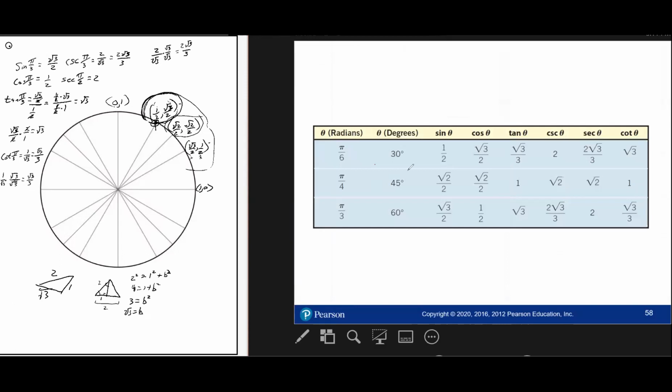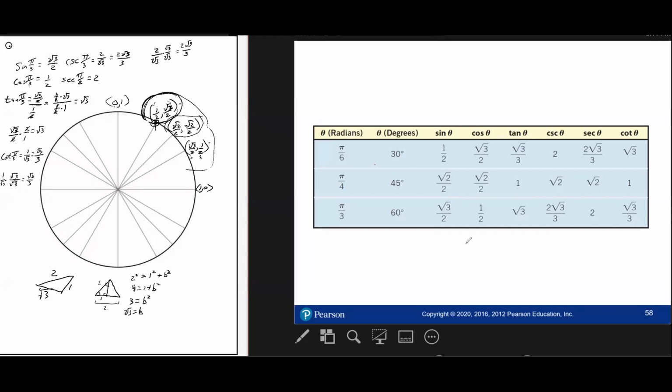And so they built up a little chart here that talks about those. These are the ordered pairs, sine and cosine, but the cosine is the x values and the sine are the y values for each of these angles on the unit circle, because we're always talking on the unit circle.